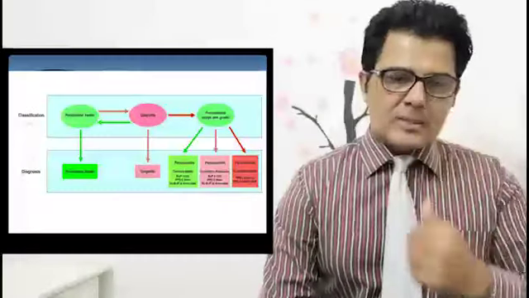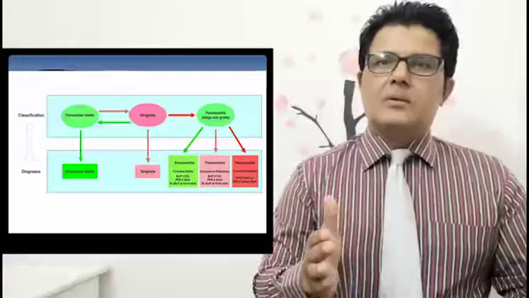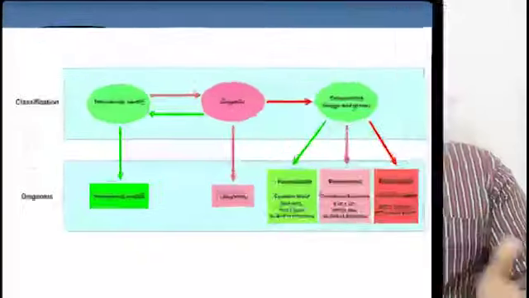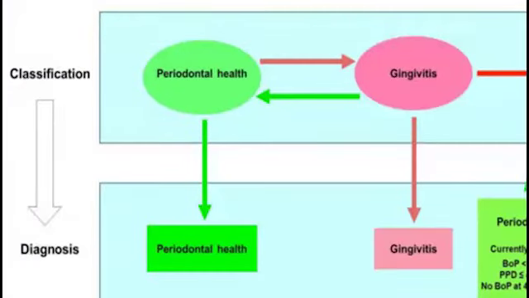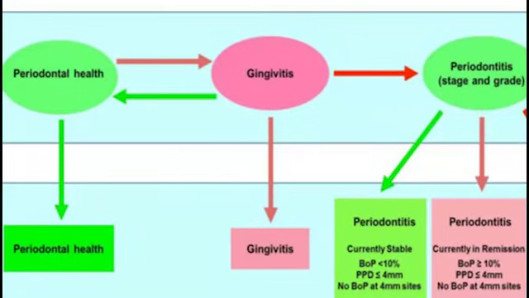So when we are going to examine a patient, or going for a diagnosis, if we see the periodontal health is fine, then our diagnosis will be periodontal health. And if there is some inflammation, some redness, then of course our diagnosis will be gingivitis.